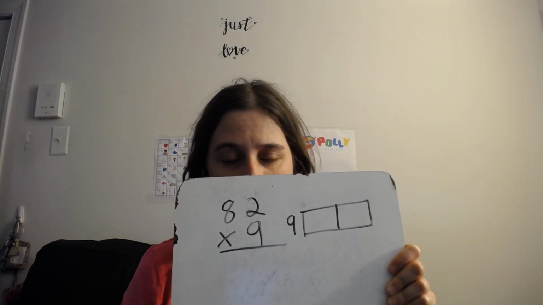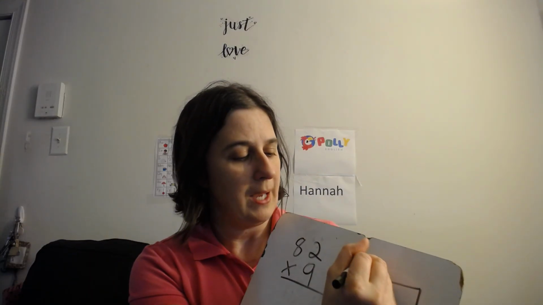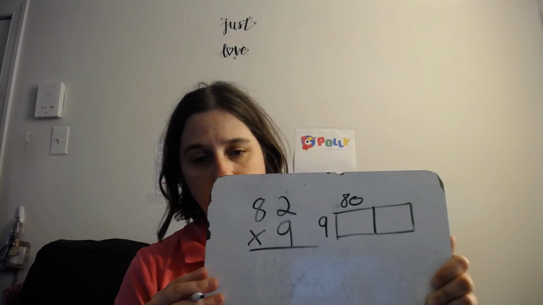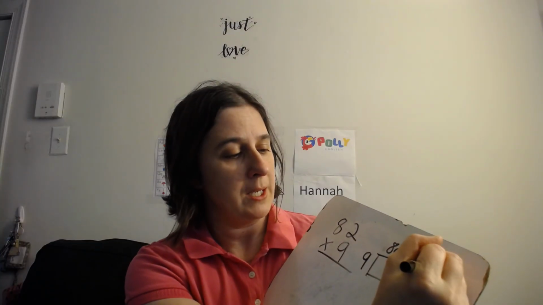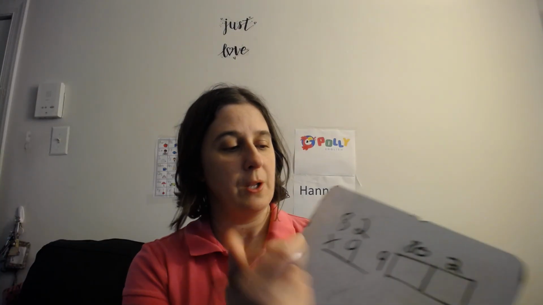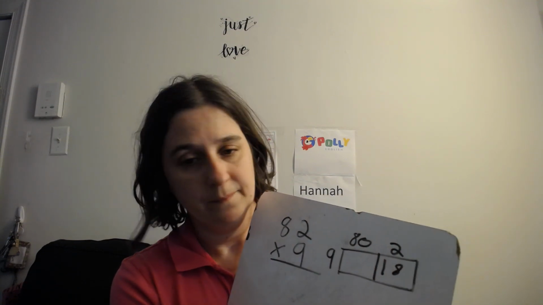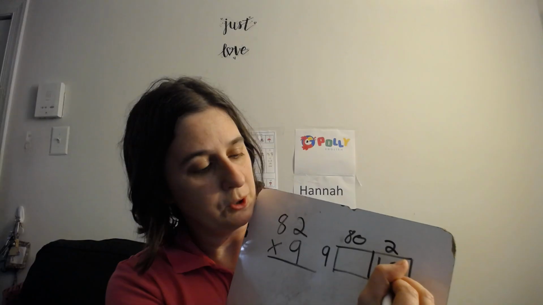I'm going to look at 82 and I'm going to break that up. There's an 8 in the tens place, so that gives me 80. And then there's a 2 in the ones place. So now I think 9 times 2 is 18. It looks a little wonky there.